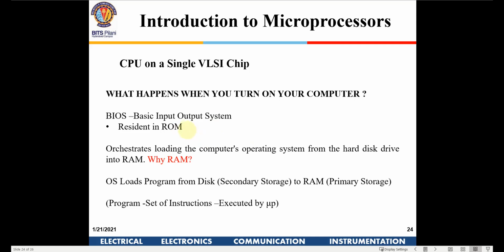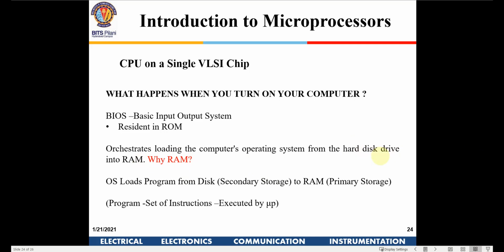and start loading the operating system. Now the operating system is generally stored in the hard drive, right? The microprocessor can't keep accessing the hard disk always for running a program, because that will take a lot of time and it will be slow.